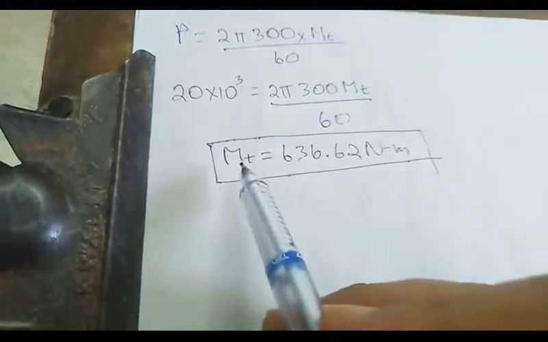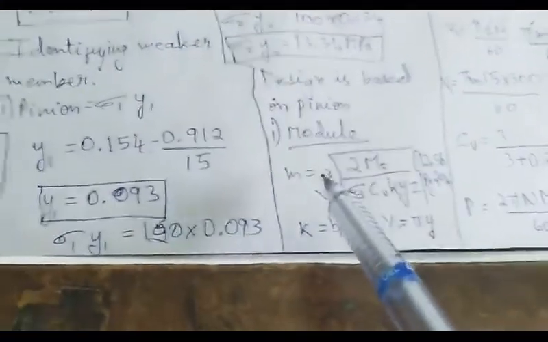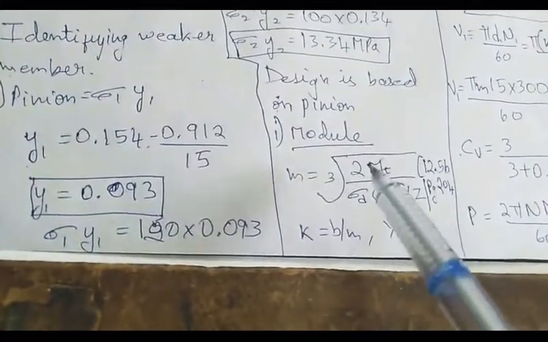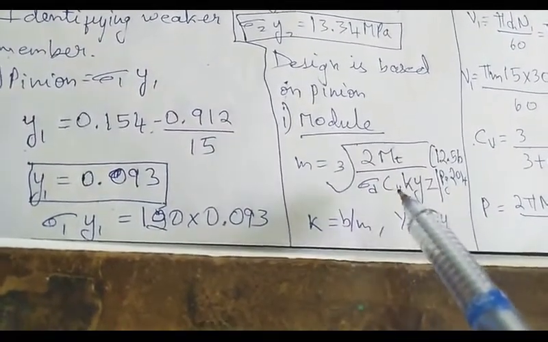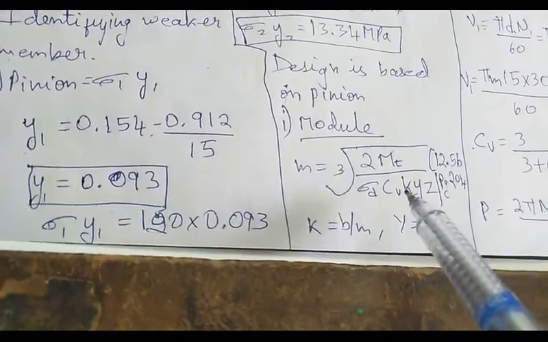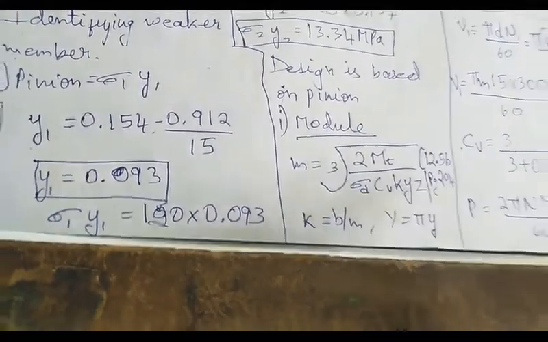Now we shall substitute the value of mt in the formula for module. We have all the values here: we have mt, sigma d1, cv, k, y, z.